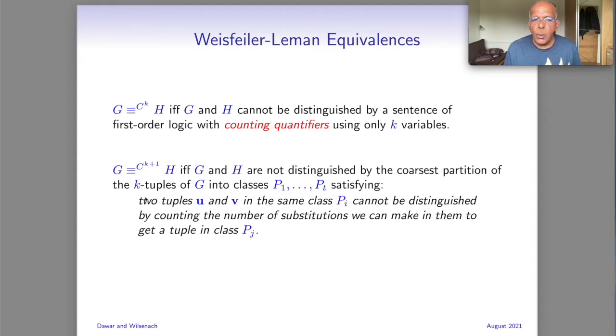You partition the k-tuples of vertices in a graph into classes, where the partition is the coarsest partition satisfying the condition that when you have two tuples in the same class, then counting the number of substitutions you can make into them to get into another class, any other class Pj, is the same for u and v.